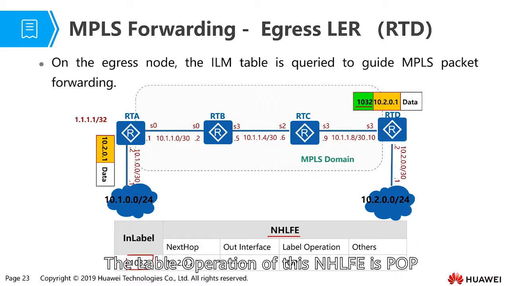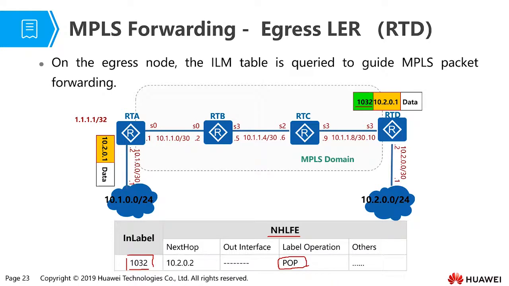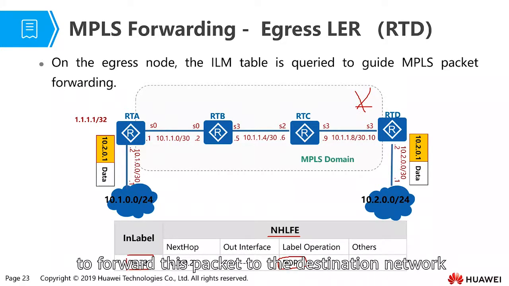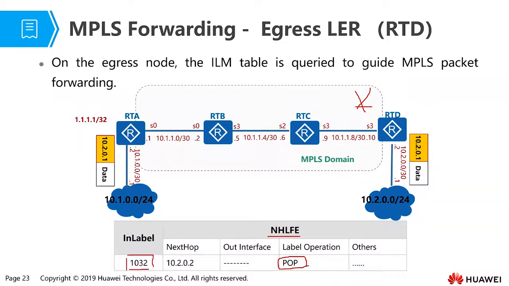The label operation is pop, and there is no out interface. So on router D, we will pop this label and continue to use the traditional IP forwarding to forward this packet to the destination network.